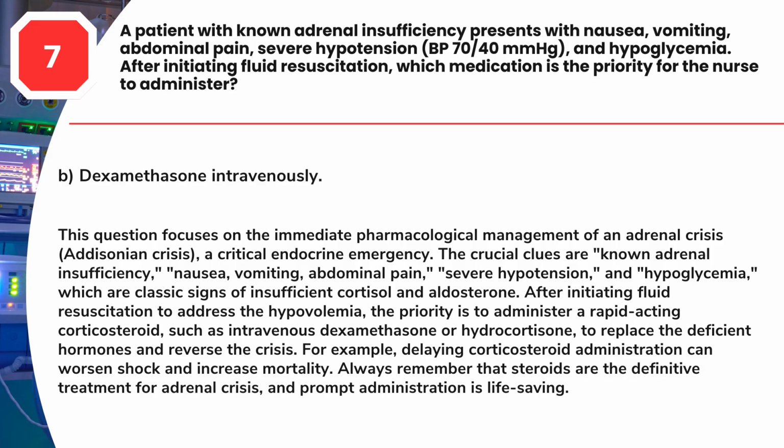After initiating fluid resuscitation to address the hypovolemia, the priority is to administer a rapid-acting corticosteroid, such as intravenous dexamethasone or hydrocortisone, to replace the deficient hormones and reverse the crisis. For example, delaying corticosteroid administration can worsen shock and increase mortality. Always remember that steroids are the definitive treatment for adrenal crisis, and prompt administration is life-saving.